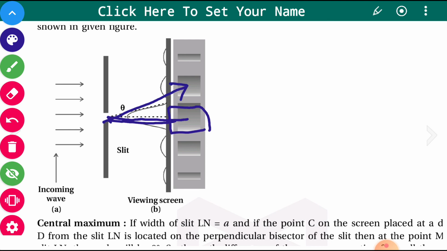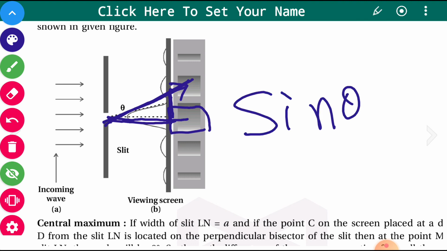Okay, if you take sin theta, then sin theta is opposite upon hypotenuse.